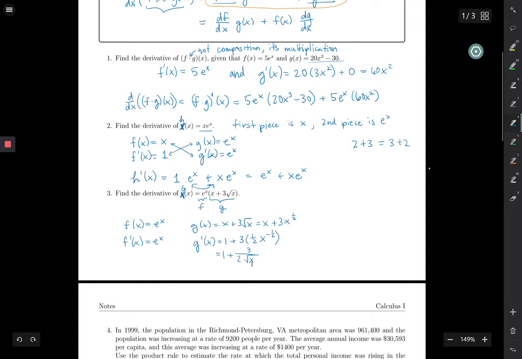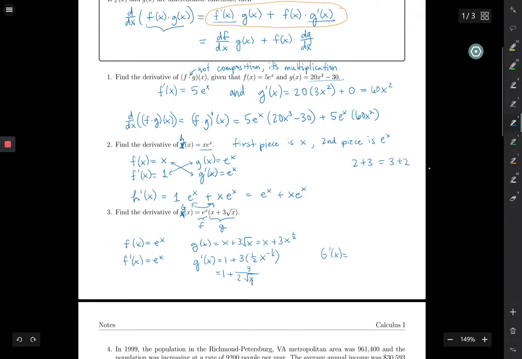Okay, and then g prime. This is just a matter of using the formula that we have. So f times, or I guess we usually start with f prime, but again, it doesn't matter. So f prime, which is e to the x, times x plus 3 root x, and then plus the other pair.